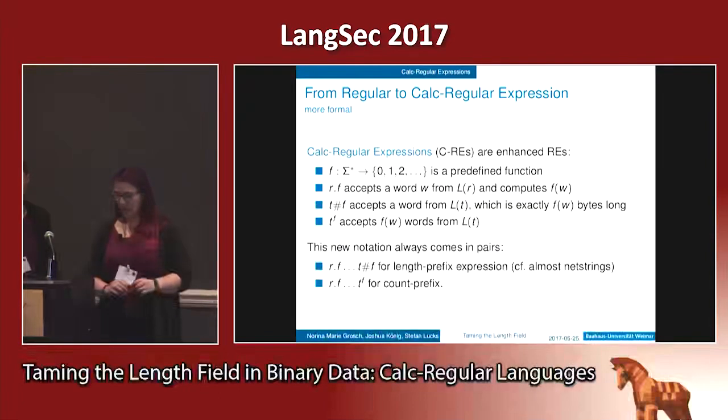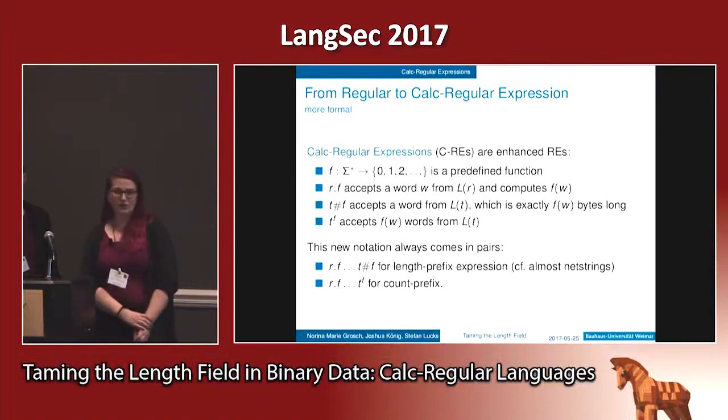So assume it's a regular expression, then this sub-expression accepts every word that is part of the language of R, and computes the value of the word out of the function f. The sub-expression t hash f, where t is also a regular expression, accepts all the words out of t that are f bytes long. So f was pre-evaluated. And t superscript f accepts then exactly f words of t.